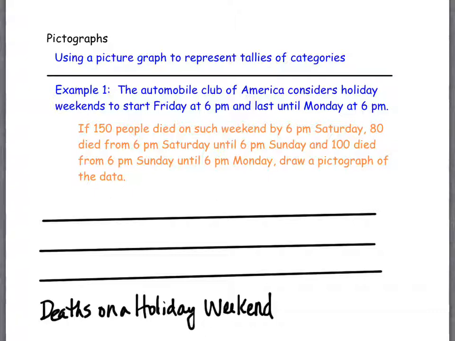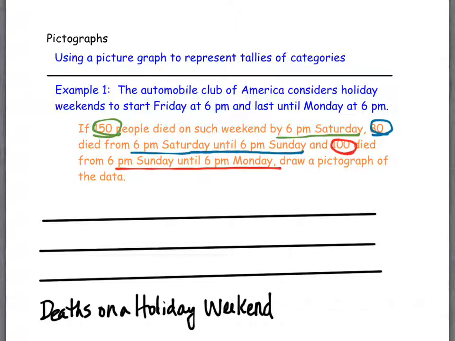Now, there are 3 different numbers mentioned. We have 150 people by 6 p.m. Saturday. We have 80 people by 6 p.m. Sunday, basically. We have 100 people from Sunday to Monday. So there are 3 different groups of people that we've considered, and that's why I've got these 3 lines here.